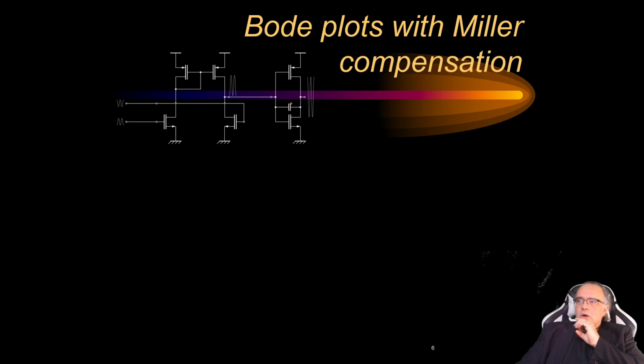So what happens with this capacitor is that the equivalent capacitance that we see at this node, so basically looking at this node here, is much bigger.